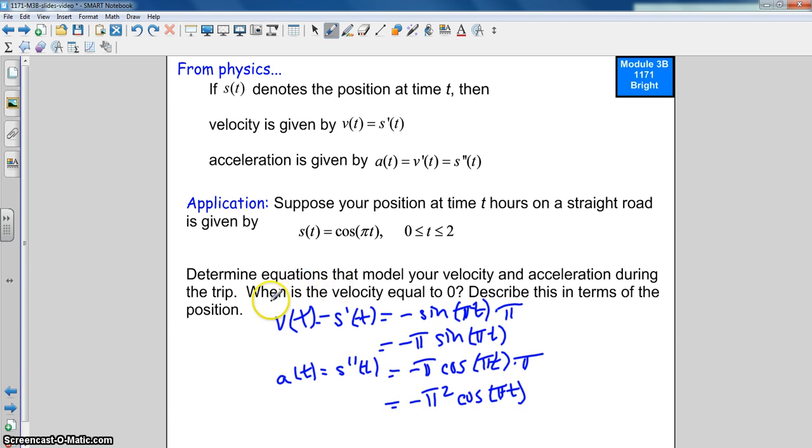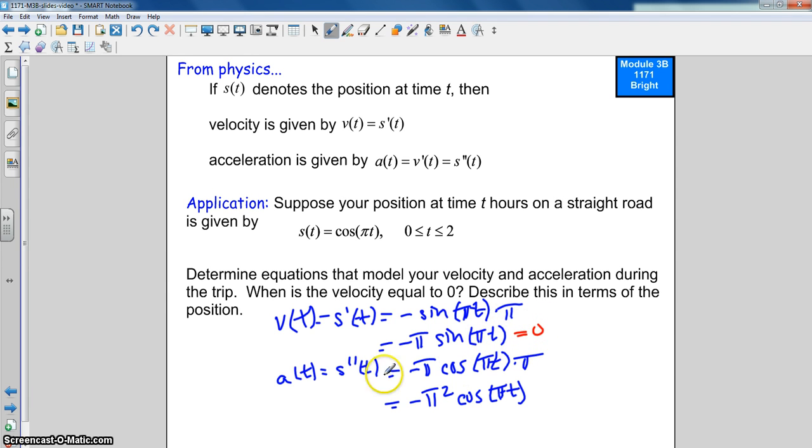Alright, so now it asks the follow-up questions. When is the velocity equal to 0? Well, essentially, we're saying when is sine 0? Sine is 0 whenever we hit a multiple of pi, right? So at 0, pi, and 2 pi. And we have to restrict this.